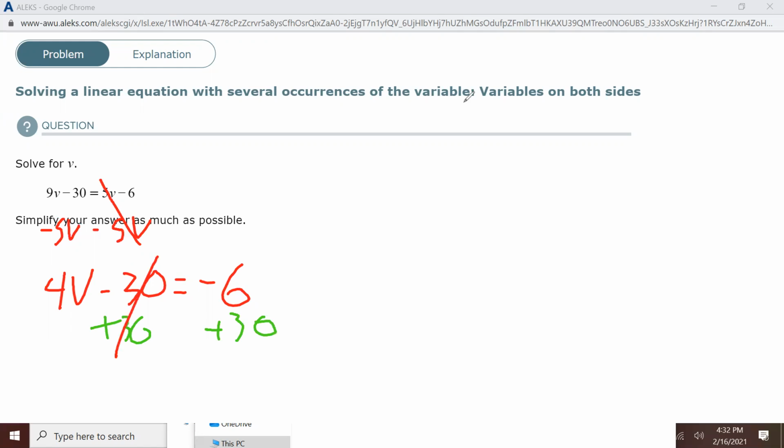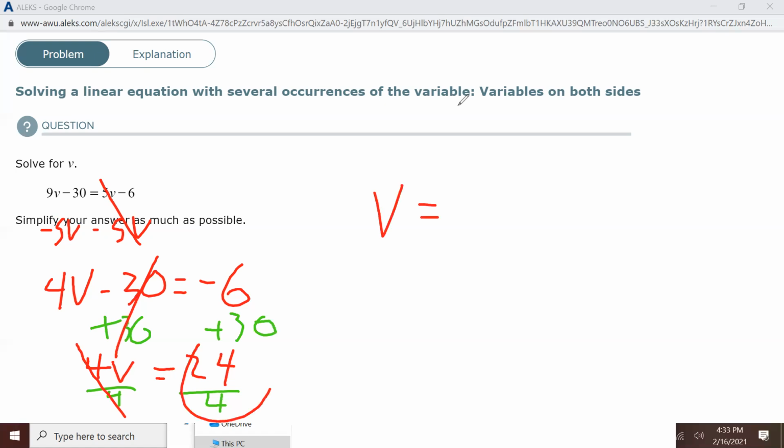And those guys cancel, and I get 4v equals 24, not 36, 24. Then I will divide both sides by 4 because that's the opposite of what's happening to the variable. It's being multiplied by 4. And the 4's cancel. And 24 divided by 4 is 6. And the problem is complete.